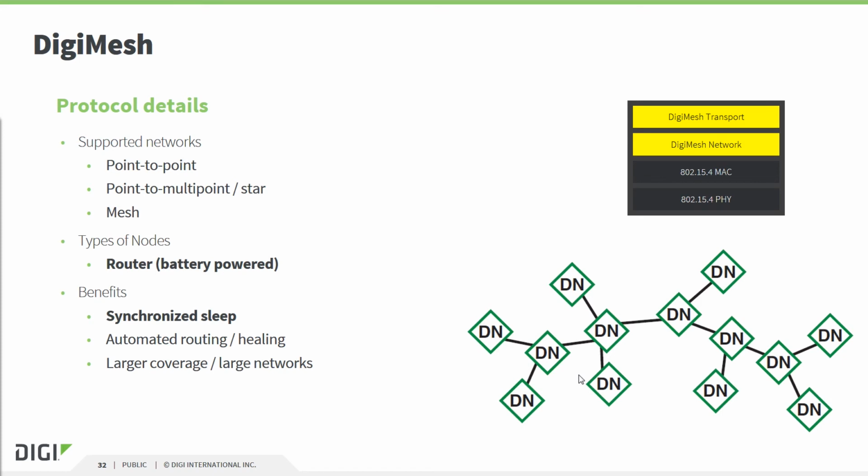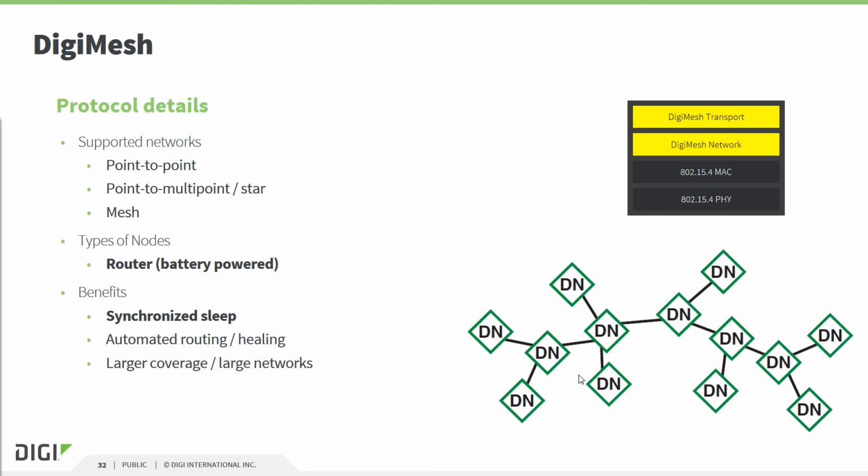Again, this is how DigiMesh works together with 802.15.4, on top of it. And again, the benefit of the DigiMesh network is that you can put the whole network in a synchronized sleep state.